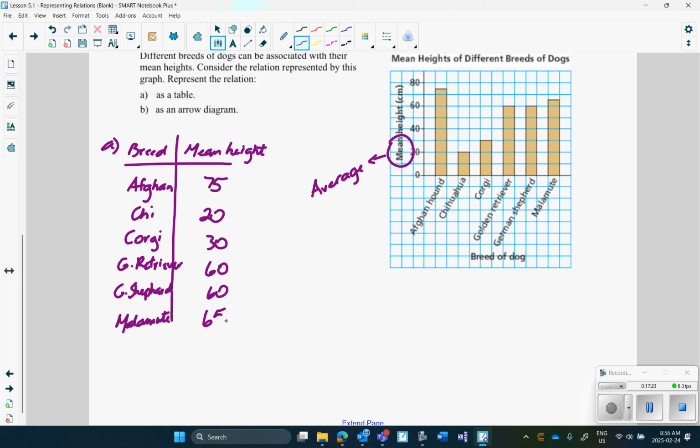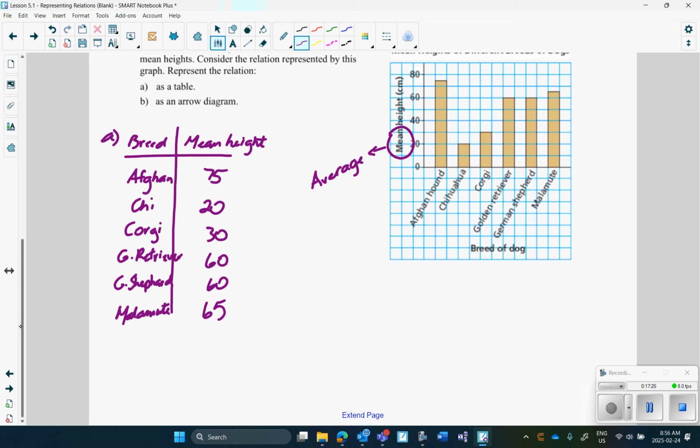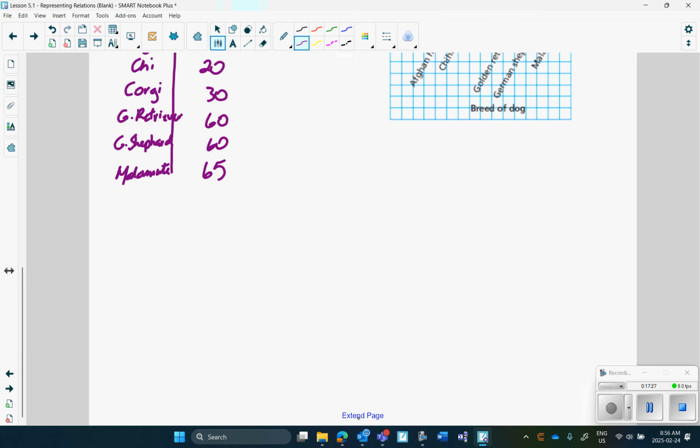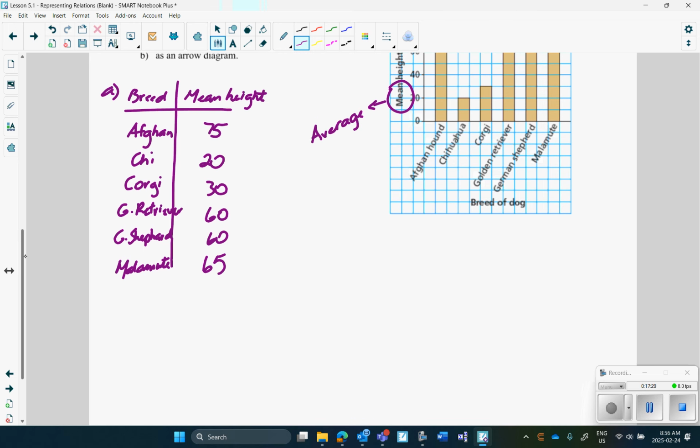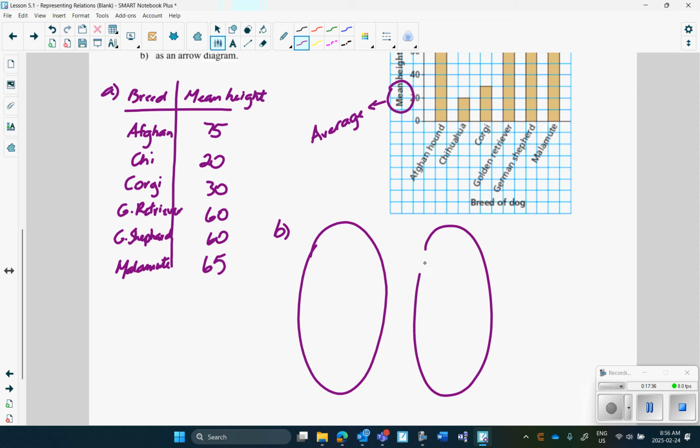And then, as an arrow diagram, we need an oval that has all breeds, and an oval that contains all the average heights, and we don't have to write one more than once. Generally, I'll do the breeds first.